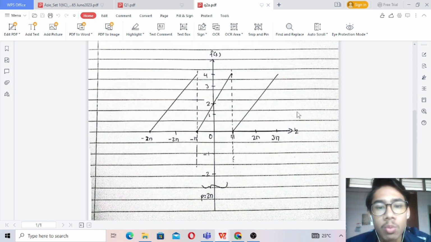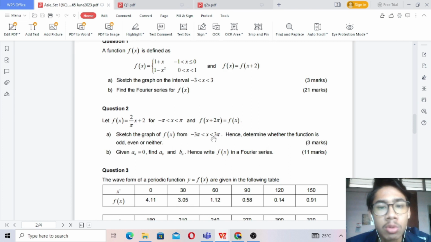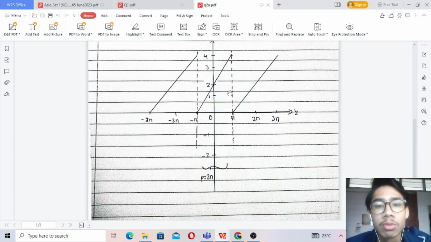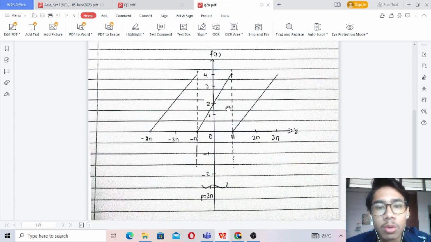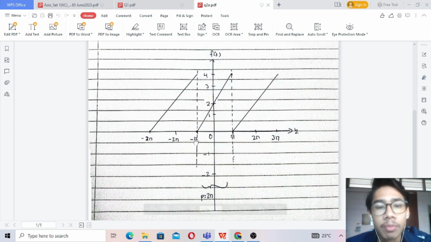Sorry to mention, the period p is equal to 2 pi, since the formula says f(x plus p) equals f(x), so p is 2 pi. So we have to draw the graph with 0, pi, 2 pi, 3 pi, negative 2 pi, and negative 3 pi, because the interval in the question is negative 3 pi to 3 pi.